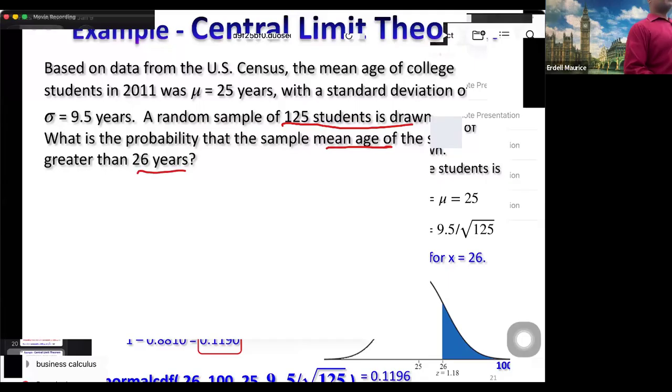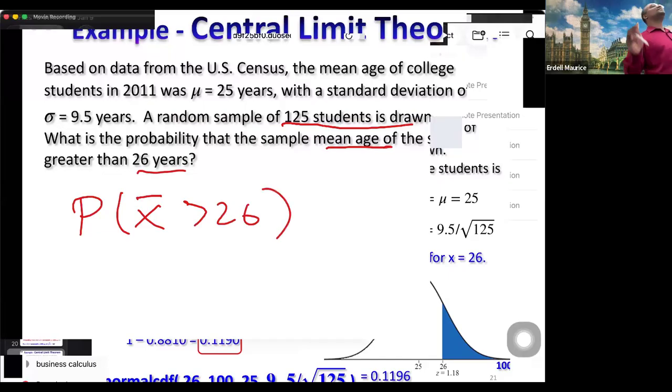All right, different question. So that's what's the probability that the average for the 125 students is greater than 26 years? Do you see the difference between the two questioning sets?